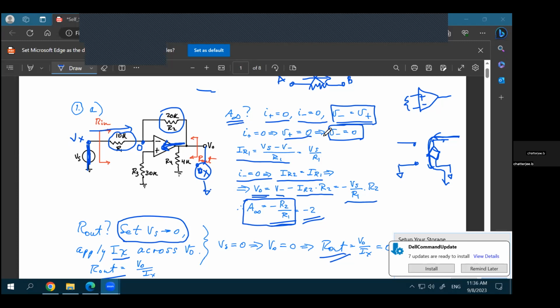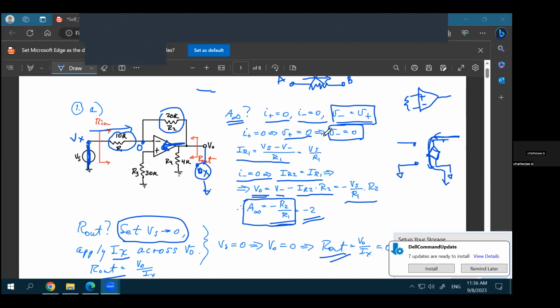A times beta is the open loop gain, or T. We already saw this, right? When you have A here and beta here, and you connect it back in a negative feedback, so this is plus, this is minus, then your DO over DS would be equal to A divided by 1 plus A beta.